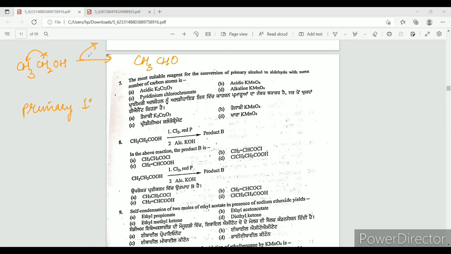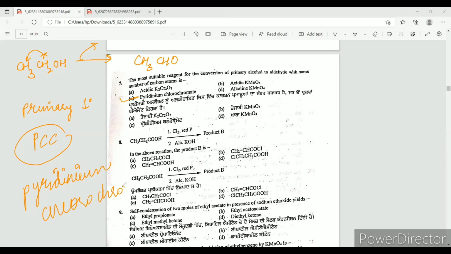We have to choose the reagent. Which reagent should be there? So the correct answer is PCC, that is known as pyridinium chlorochromate. Again, this question is from +2. Pyridinium chlorochromate.